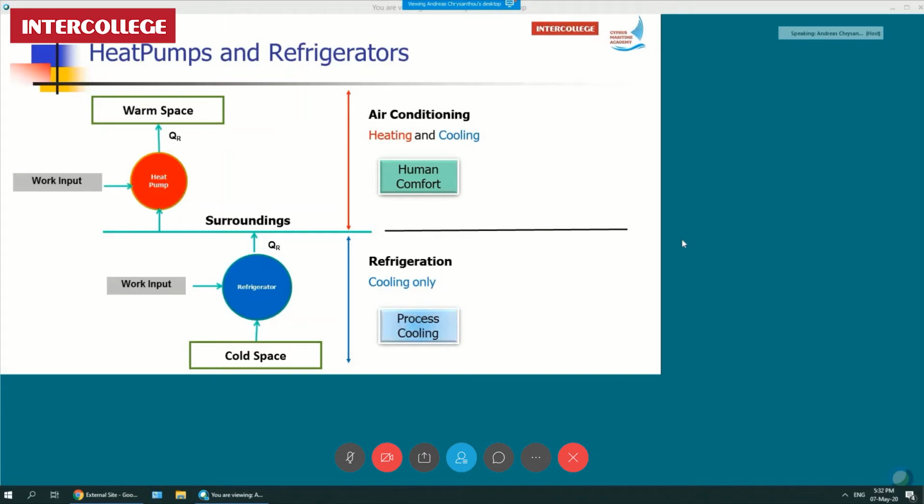space. In the case of the refrigerator, if we draw this line as the surroundings, the refrigerator extracts heat from a very cold space, by applying work input, and rejects it into the surroundings. This is a case where we call process cooling, and the refrigerator works only in cooling mode.